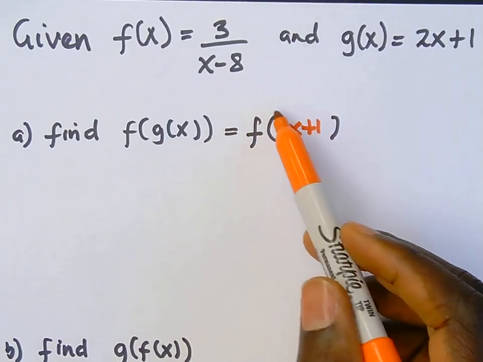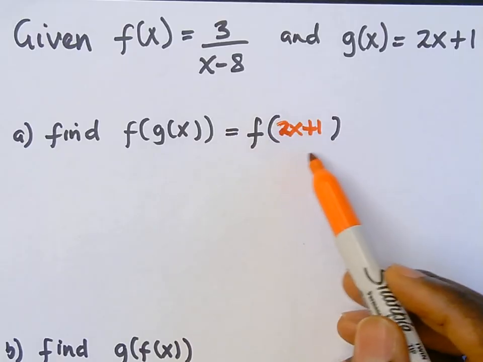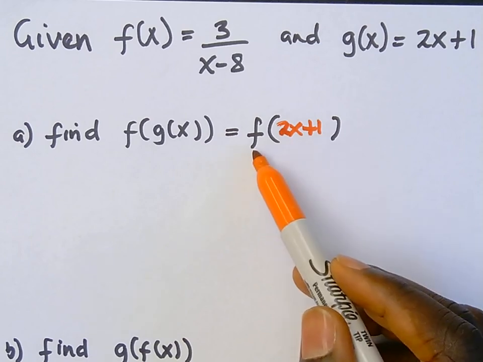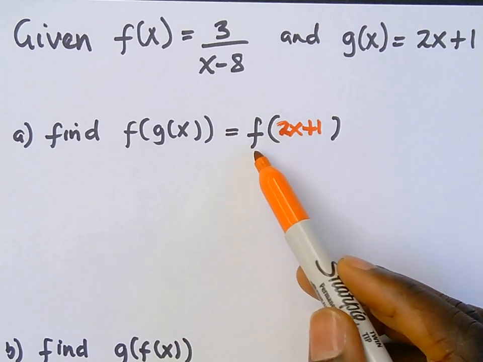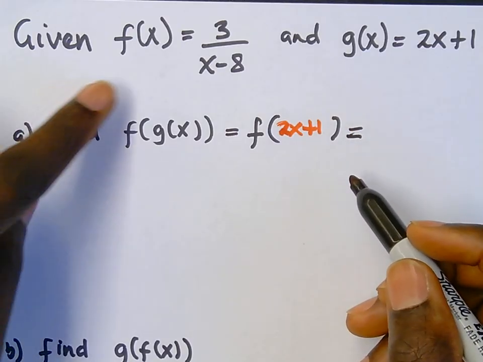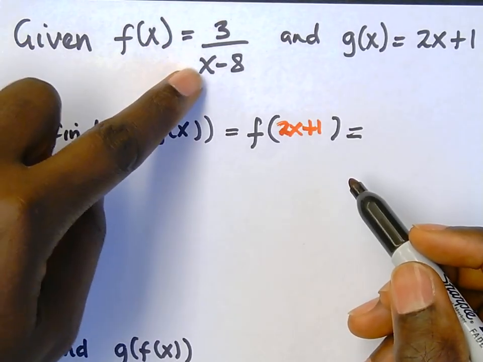Now this expression means I have to plug in, so now 2x plus 1 becomes my new input. So I'm going to plug that 2x plus 1 into the function called f. Alright, so this is going to look like that. So we have f of x equals 3 over x minus 8.